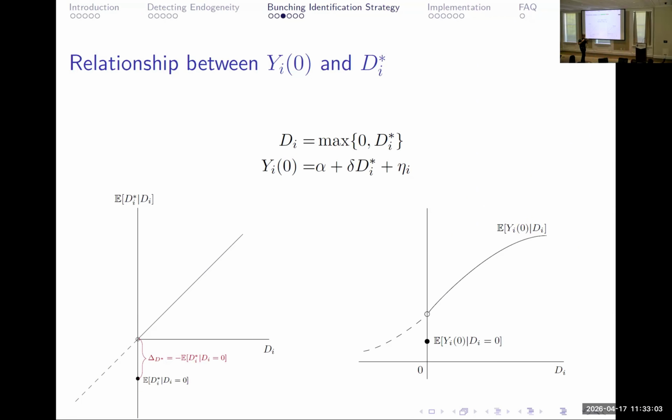For now, I'm just going to say they both have the type D star equals 2,000. But we're going to show that the idea that there may be many factors that lead to the untreated potential outcome is not necessarily going to affect our problem, and I'm going to discuss that later, okay? So in other words, I'm not saying that D star is a single index situation.